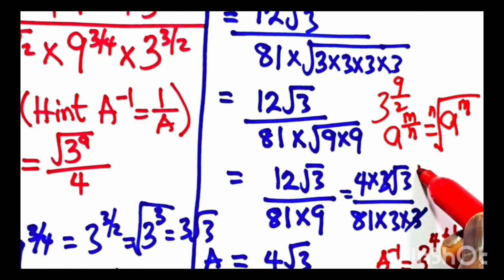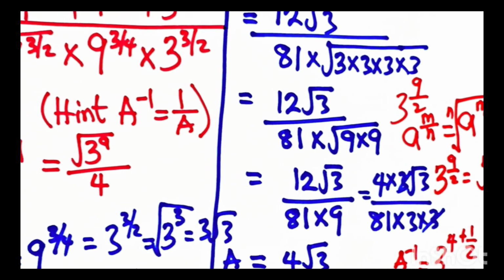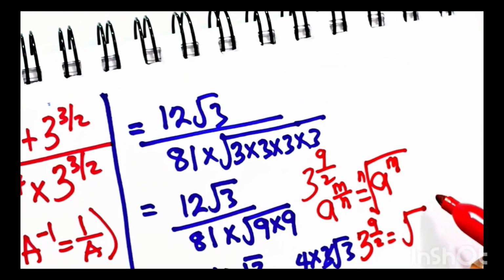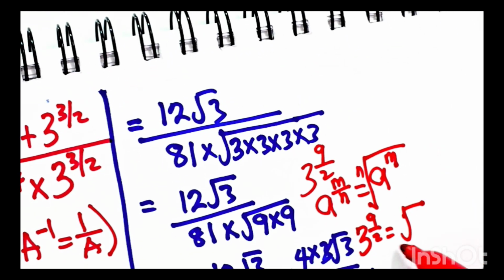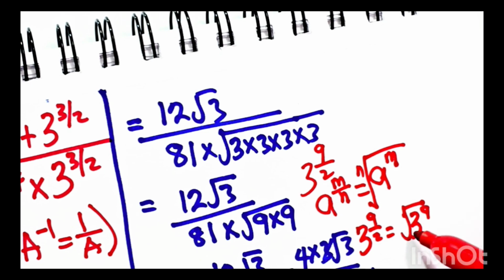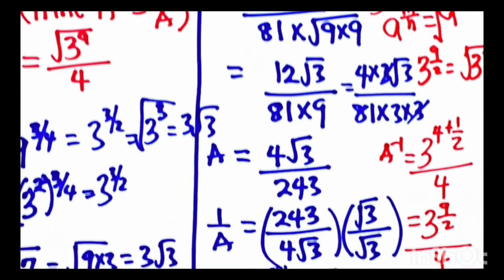So 3 raised to the power 9 over 2 is the same thing as the square root of 3 raised to the power 9. So it's the same rule that was applied in there.